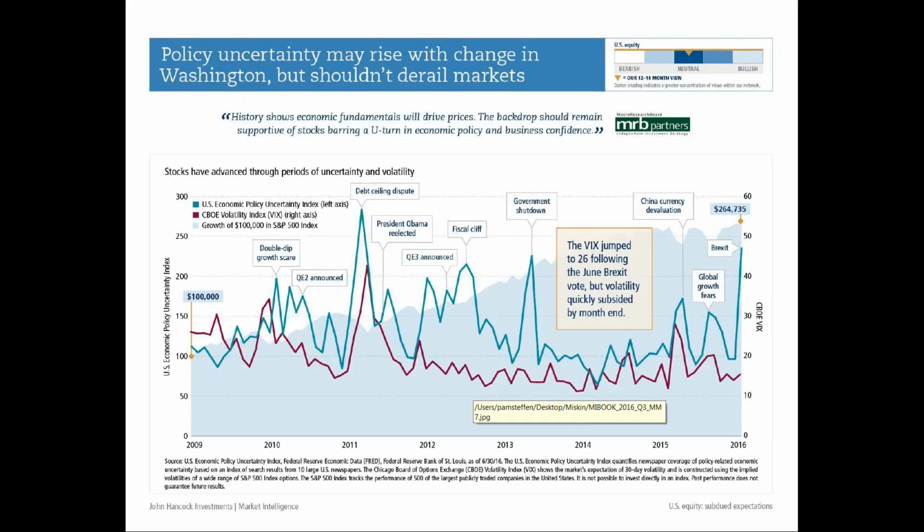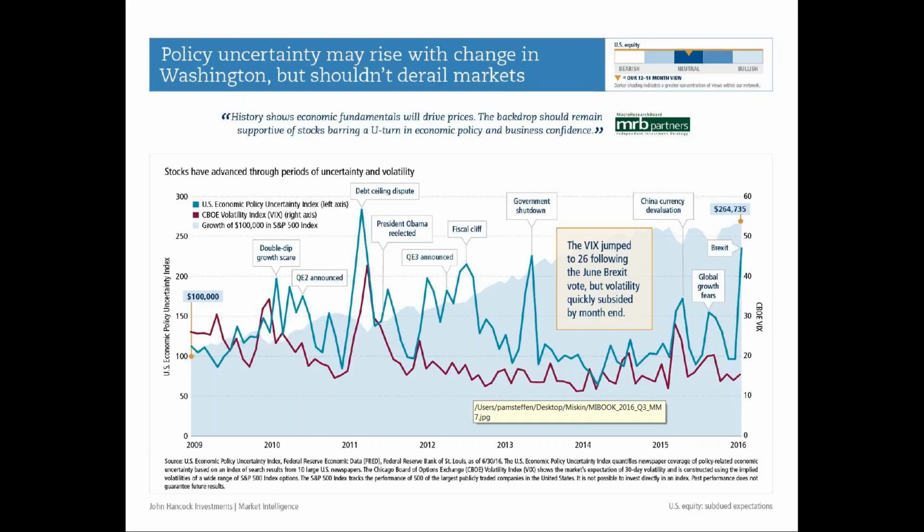We've had double-dip growth scares, QE2, so the Fed's been in the marketplace doing QE, quantitative easing, debt ceiling dispute. So that was in 2011. The government was going to shut down. Turns out they actually did for some period. President Obama, so we've already had one election period, and it was a relatively tight one at some points.